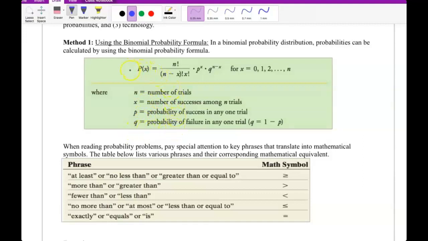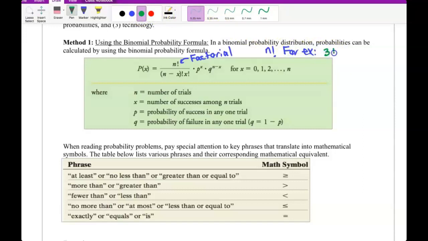So this one is probability of number of success that we have among n trials, and here is n factorial. So that is factorial. And what factorial is, example for that part. I'm starting with an easy one.